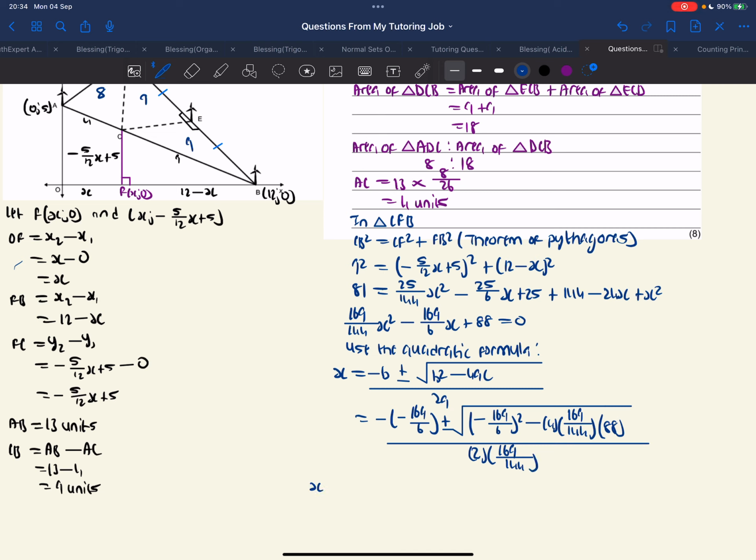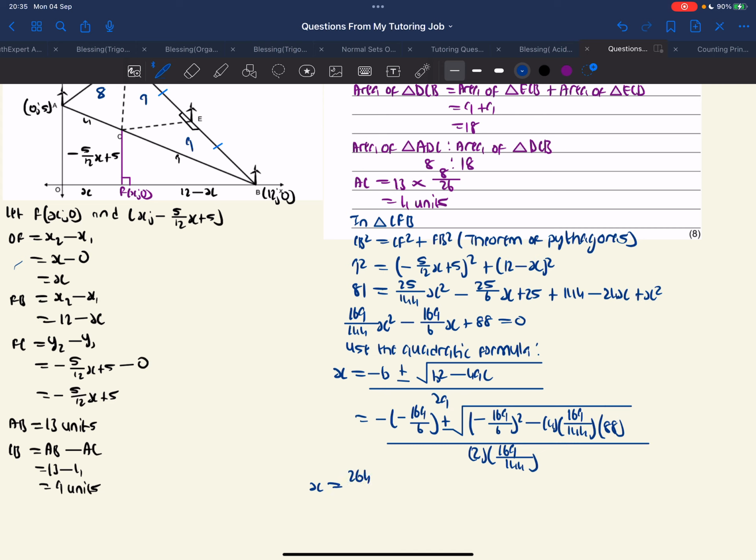So I'm going to say minus 169 over 6 plus square root of minus 169 over 6 squared minus 4 times 169 over 144 multiplied by 88. Then 2 times 169 over 144.